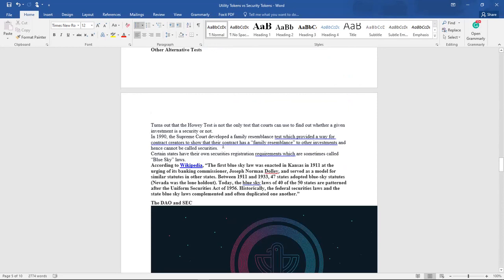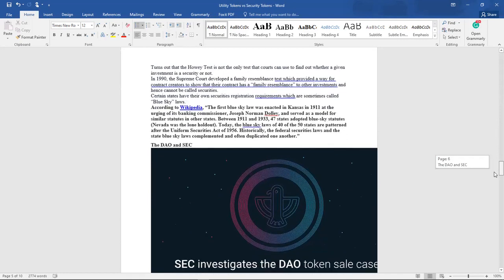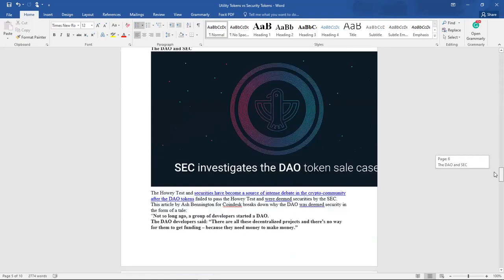There are other tests. You can learn more about the tests that were created so that they are able to classify tokens as security or utility. One is a case involving a company called Blue Sky, and you can learn about this case and how it was handled.